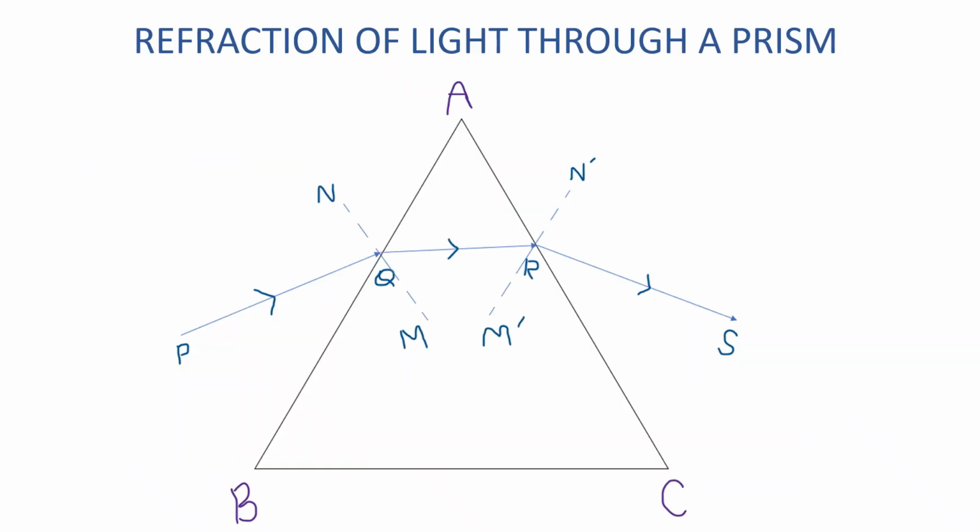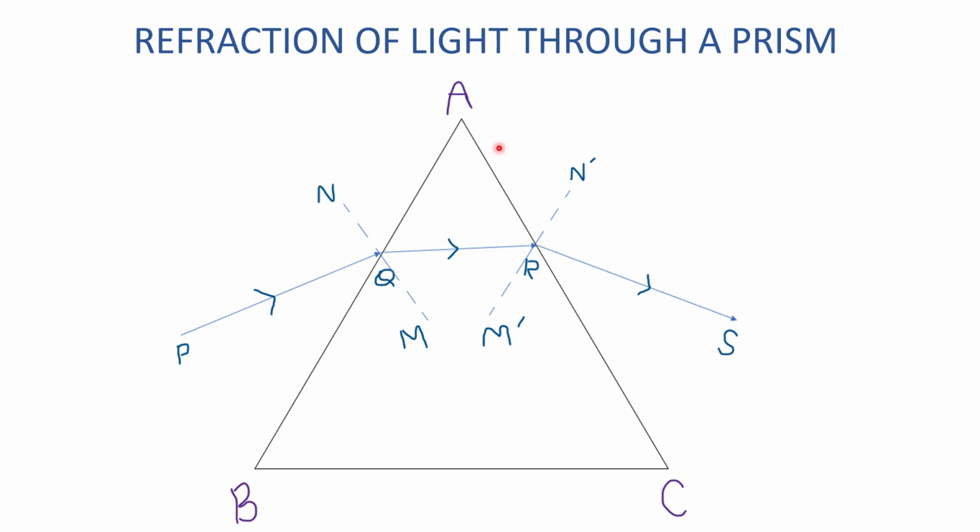Now let us learn about refraction of light through a prism. In this diagram, let's take ABC as a prism. A ray of light of one color, PQ, falls on the side AB. This ray enters from rarer to denser, so it bends towards the normal and travels along QR.